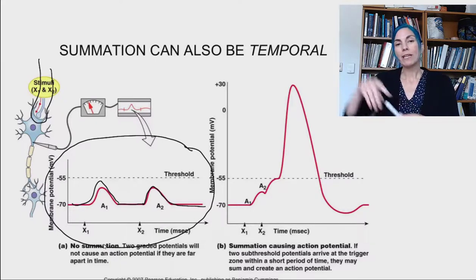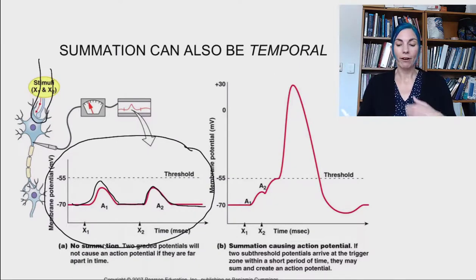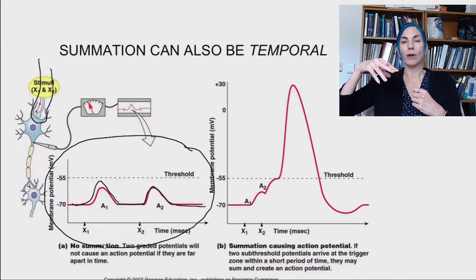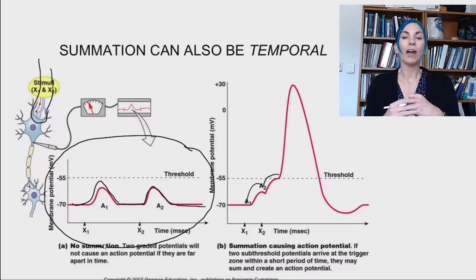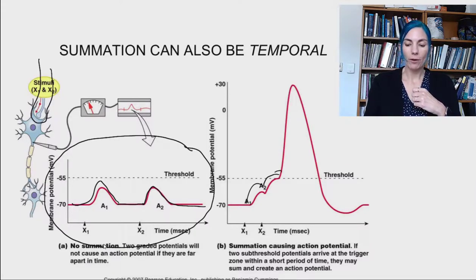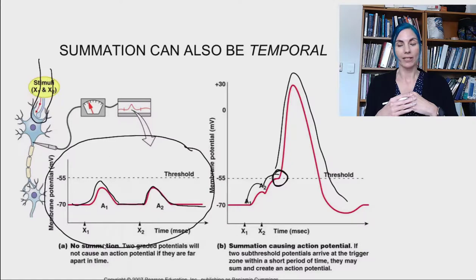But if that presynaptic neuron goes fire, fire, one right behind another, one secretion of neurotransmitters followed by another burst of neurotransmitter, then the first graded potential doesn't completely recover before the next graded potential happens, and they build on each other. And so now you can see that you've reached threshold. And once threshold is reached, then you start action potentials.